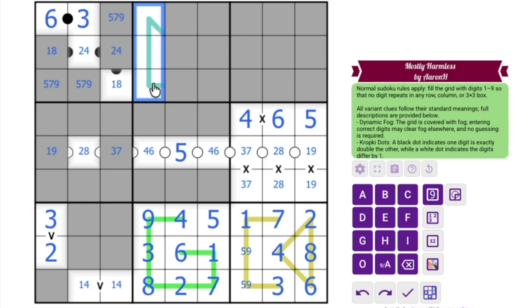Okay, so what we have encountered here is a modular line, so along a teal line, any three adjacent digits must include one digit from each of the modulo 3 sets, and those sets are 1, 4, and 7, 2, 5, and 8, and 3, 6, and 9.